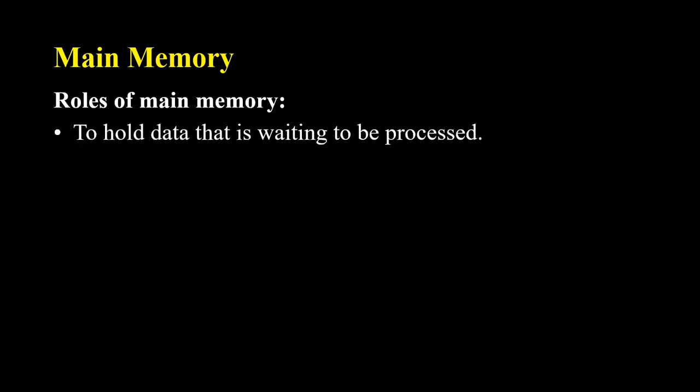So, still on main memory, we can look at the distinct roles of main memory, which you should be able to mention. One, to hold data that is waiting to be processed. Data that is waiting to be processed by the processor, or by the CPU, can wait there.